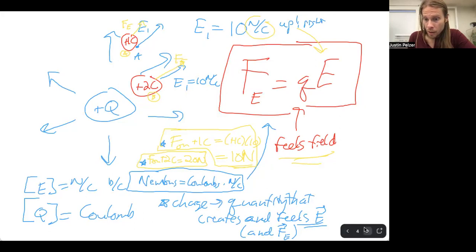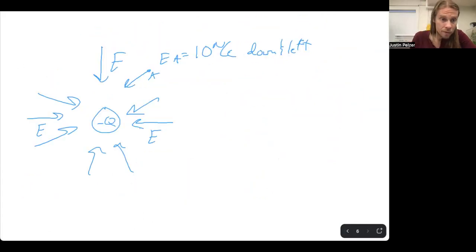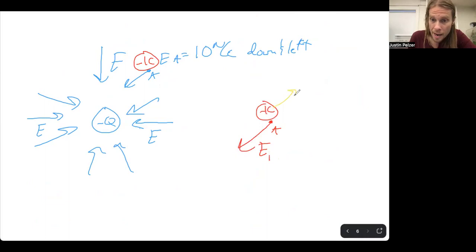So that we would plug in there, but let's say we have a negative test charge as well. Let's throw a -1 coulomb charge in. What's that going to do? Well, if I have an electric field pointing down and to the left, and I have a negative test charge, well, here's the point. Negative charges feel the force in the opposite direction, right?